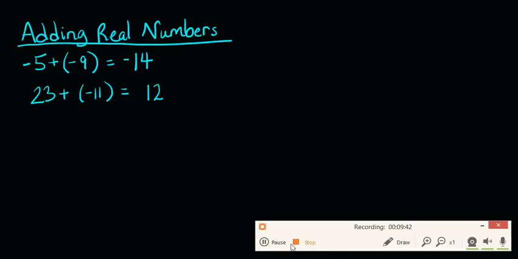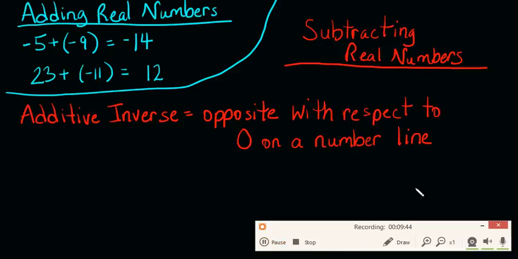All right, we're going to move on quickly now to subtracting real numbers. Now, in order to subtract real numbers, we need to understand the property of an additive inverse. The additive inverse is merely the opposite of a number with respect to 0 on a number line.